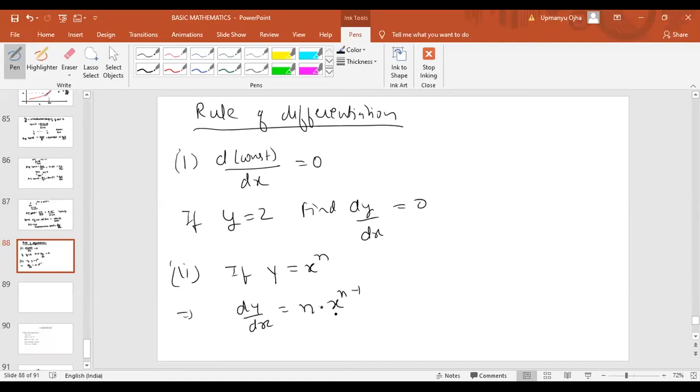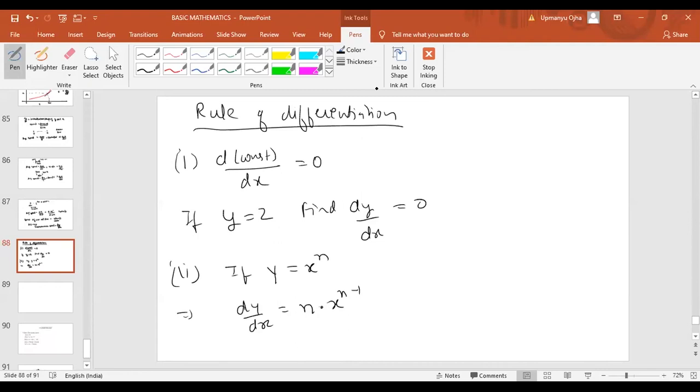This is the rule: if y equal to x power n, then the differentiation of y with respect to x will be n x power n minus 1. Here n is any constant value like 1, 2, 3, 4, not a function of x. Y is a function of x.